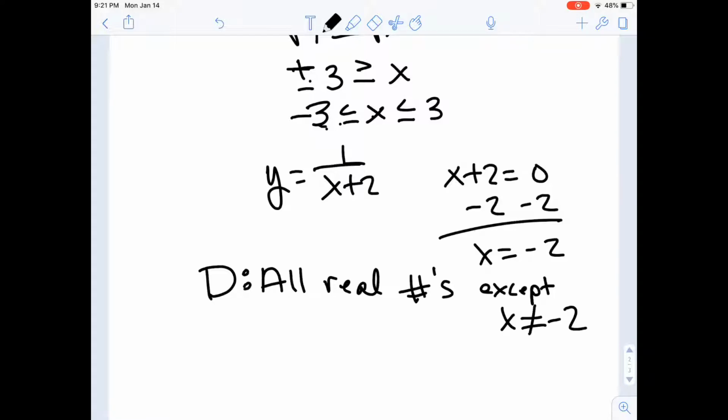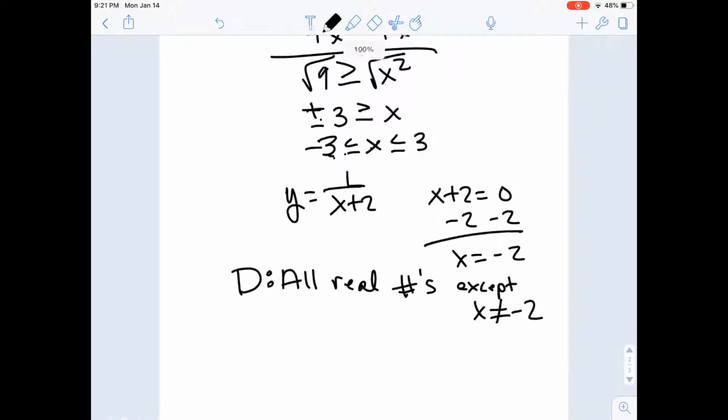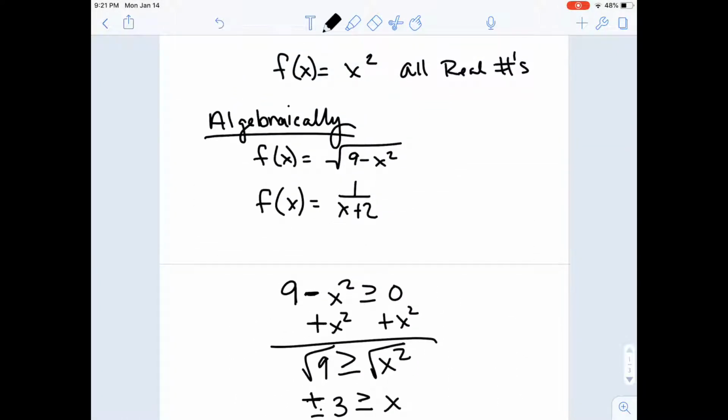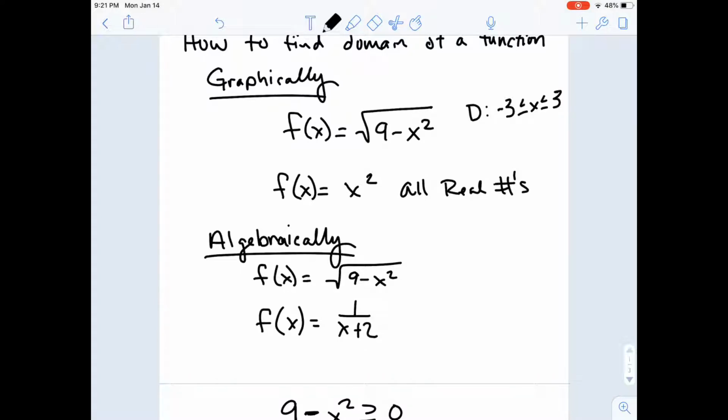If you're given a rational expression, solving it algebraically is a little easier to see. If you're given something with a square root, plugging it into the graphing calculator and seeing where there are holes or where graphs begin and end might be easier. It takes a little bit of practice.